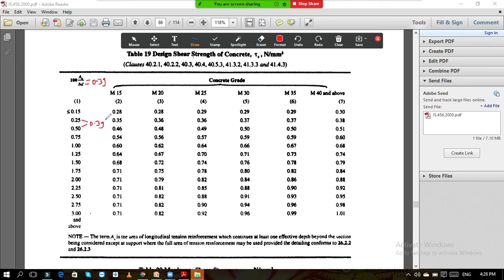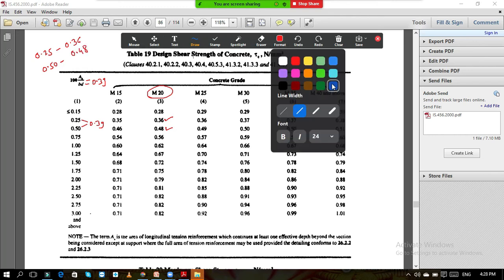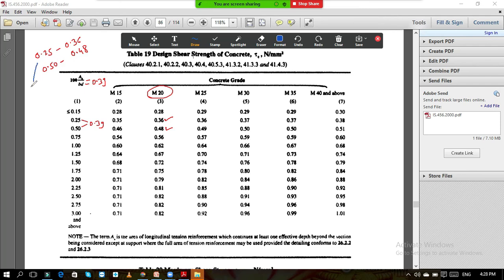Grade of our concrete is M20. So for 0.25% it is 0.36, and for 0.5% it is 0.48. Okay, so do the interpolation and calculate the value. We want the value for 0.39. How much? Do the interpolation and calculate the answer.